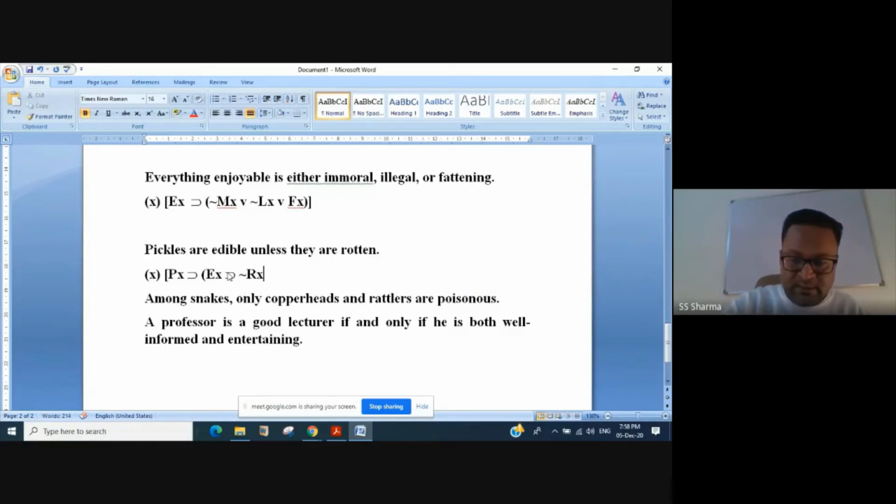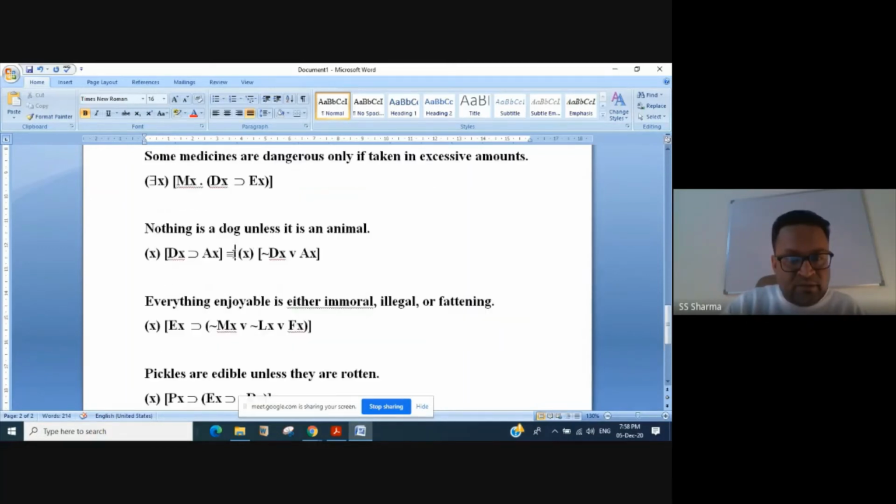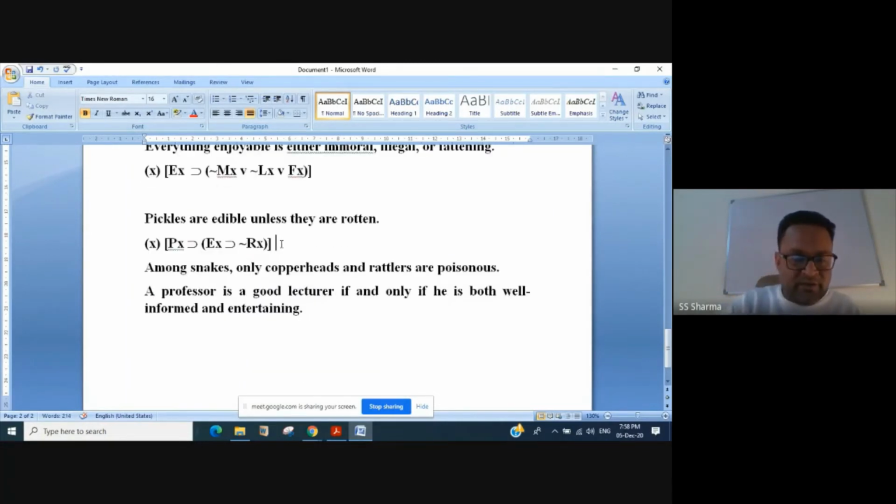This is the symbolization, or it is equivalent to, take this mark from here and I will put it here. So we can also symbolize it as for all x, if x is a pickle and x is edible, then x is not rotten.